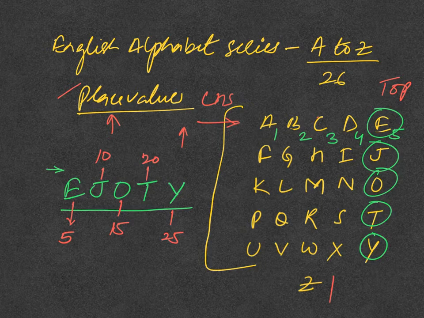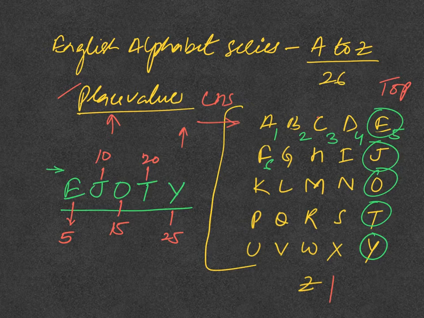Now if we remember this word EJOTY and learn these 5 values, it will help us to find out another 10 values. See how? We know the alphabet series and we know which letter comes after E. Which letter comes after E? F. So if the value of E is 5, then what would be the value of F? 6.